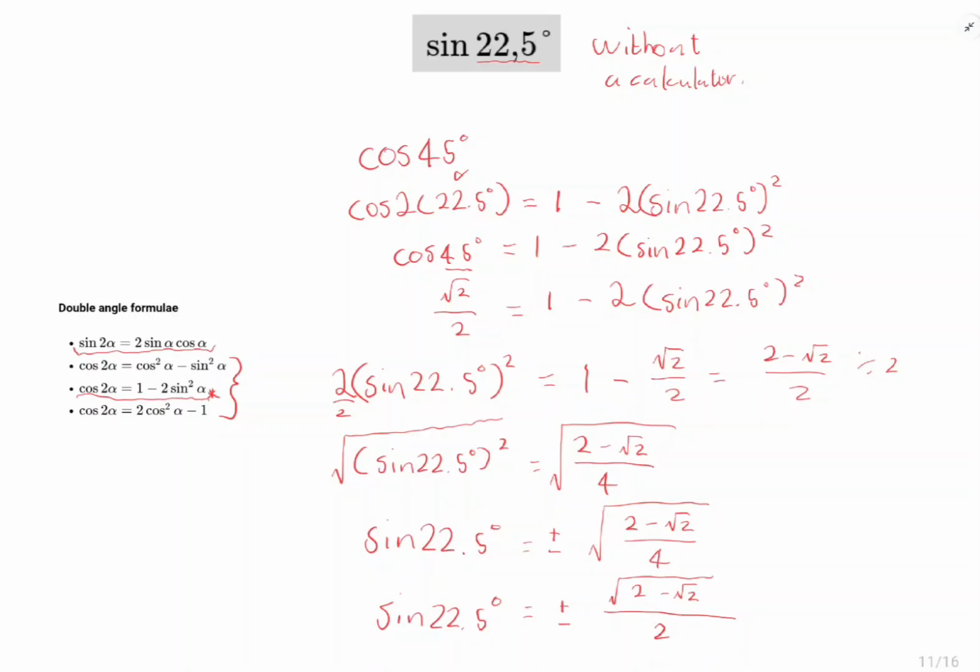So you see how at first we worked with sine 45 degrees first. It didn't work. And then we decided, okay, let's work with cos 45 degrees first. And it worked. We broke down this 45 to be cos 2 times this particular angle. And then we multiplied this 2 back over here because it's the same thing.